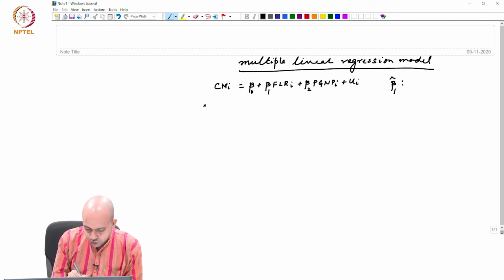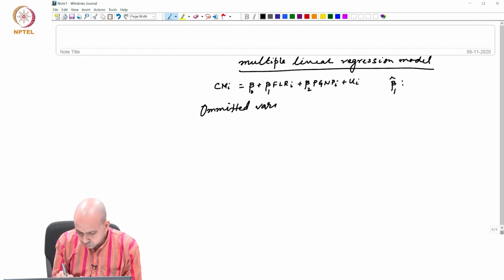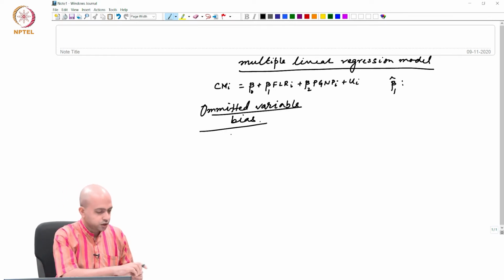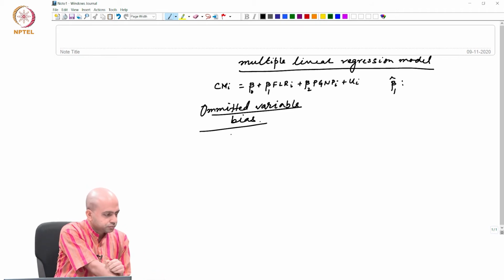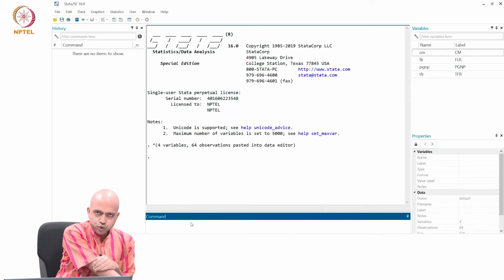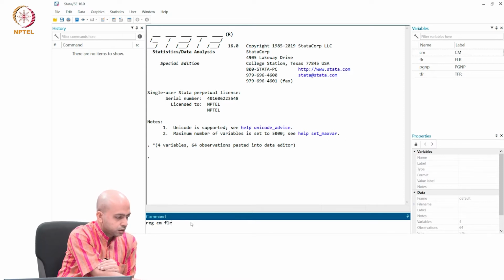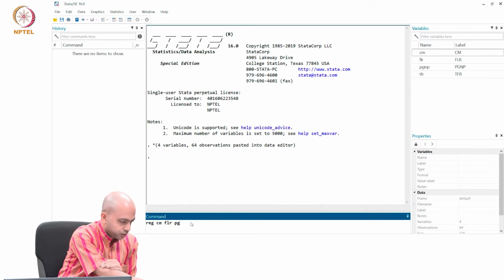So, let us see the omitted variable bias. Okay. We will take the same example. First we will run the complete model, which is CM on FLR and PGNP.